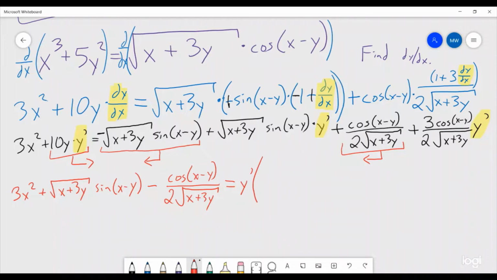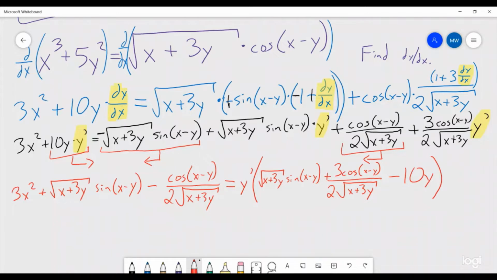So we have a y prime times square root of (x plus 3y) sine of (x minus y), plus 3 cosine of (x minus y) divided by 2 square root of (x plus 3y), and then minus 10y, because all of those are multiplied by y prime.